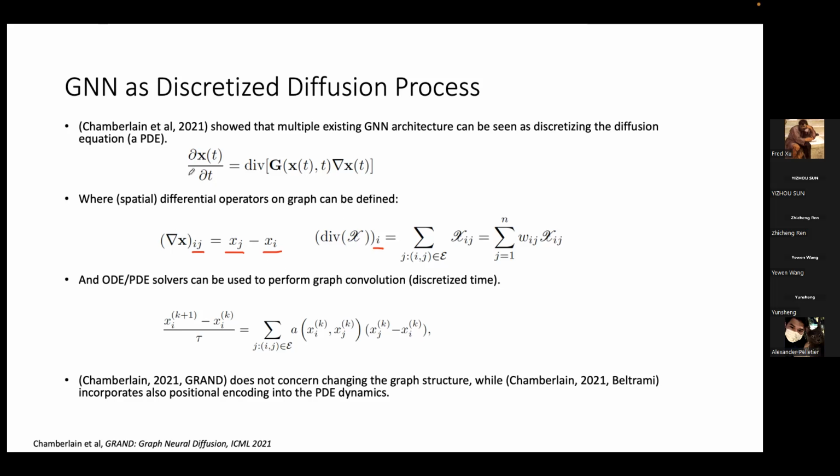If you write this PDE in discrete format, for example using the Euler scheme, you have this kind of discretization. The gradient operator becomes this discrete difference between the node embedding from layer k and one layer above.